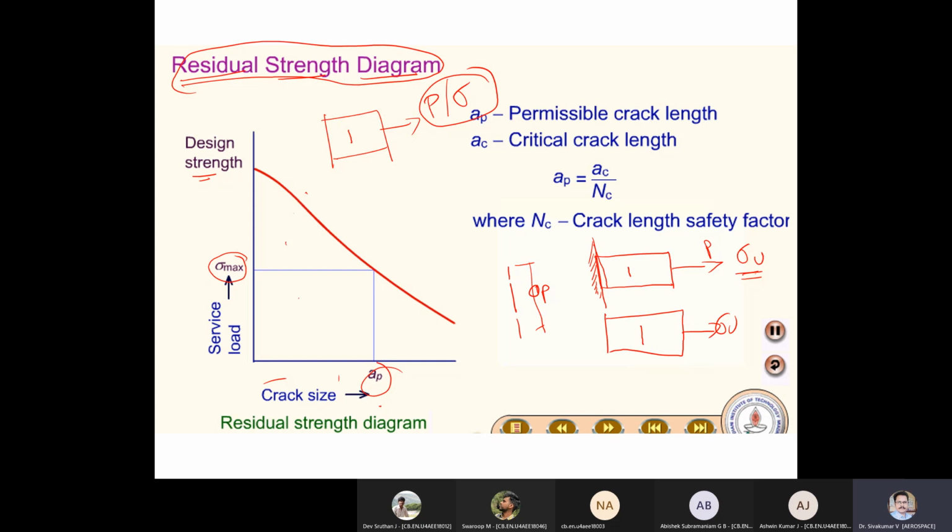So this is my operational load, and this is the permissible crack length. At this operational load, up to this is what you call the permissible crack length.